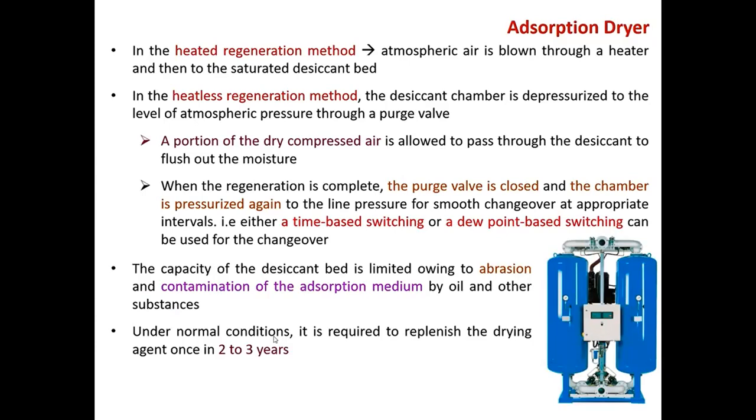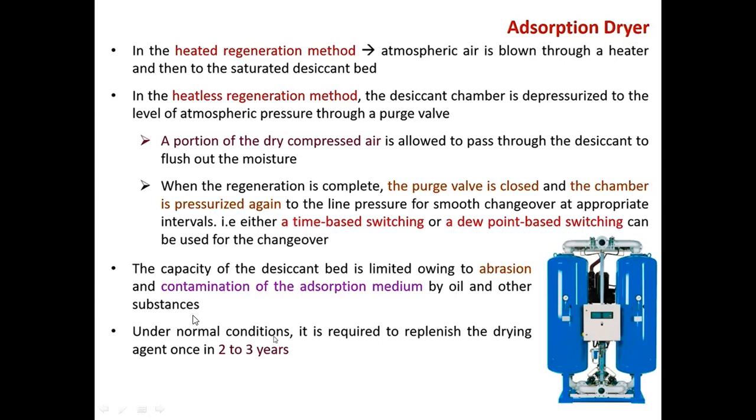A portion of the dry compressed air is allowed to pass through the desiccant to flush out the moisture. When the regeneration is complete, the purge valve is closed and the chamber is pressurized again to the line pressure for smooth changeover at appropriate intervals. That is, either time-based switching or dew point-based switching can be used for the changeover.